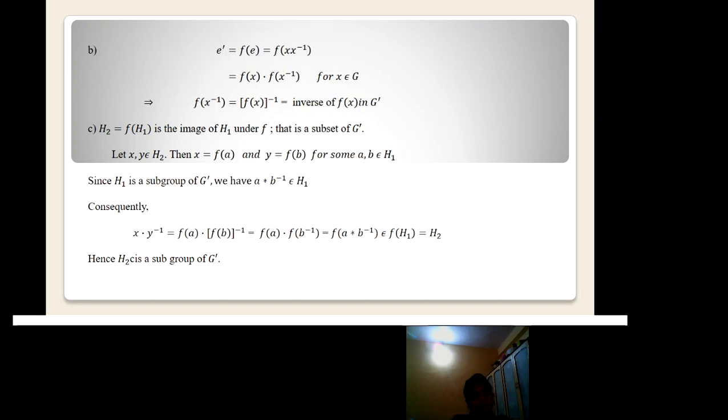Third, H2 equals f of H1 is the image of H1 under f, that is a subset of G dash. Let x and y belong to H2. Then x equals f of a and y equals f of b for some a, b belonging to H1. Since H1 is a subgroup of G, we have a star b inverse belongs to H1.